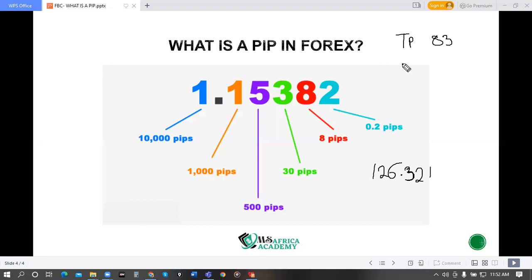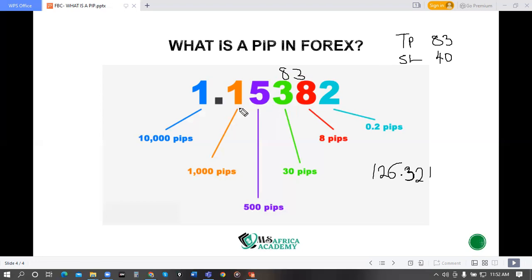Our SL, our stop loss, is 40 pips. So now, what is this going to change to? And let's say we are doing a buy. In a buy, you expect the price to increase, right? So we are going to add 83 to this.